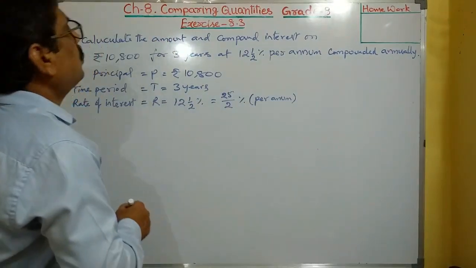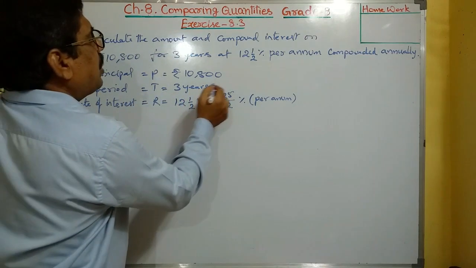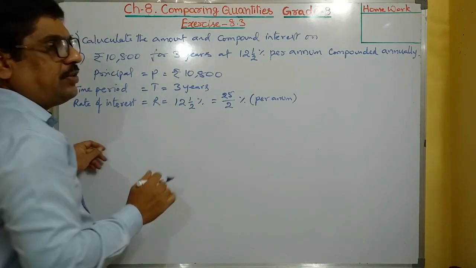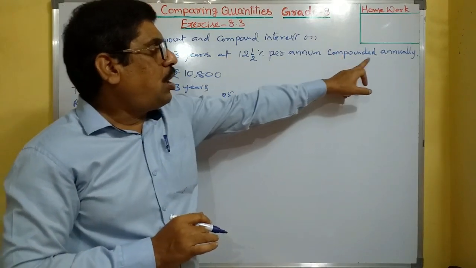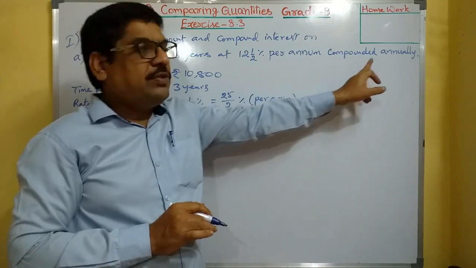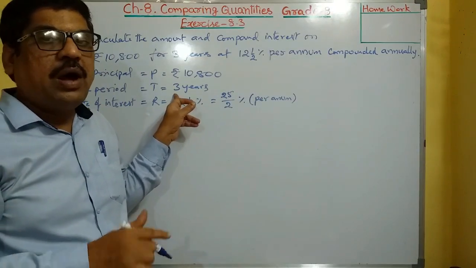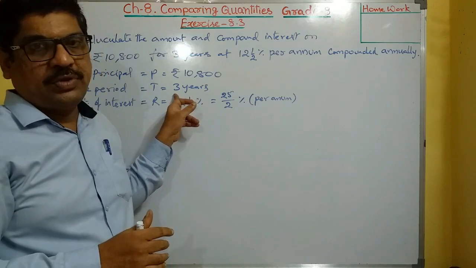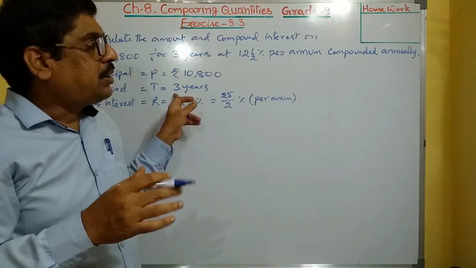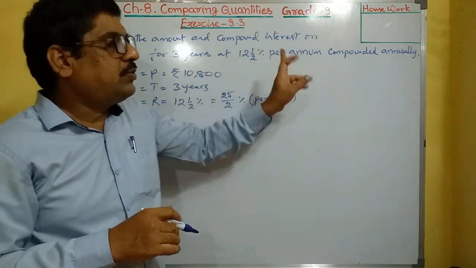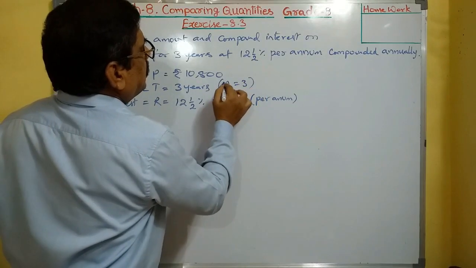So here in the place of T we can write n also. Why? Because n is called the number of instalments. Here the amount is compounded annually, meaning every year. So here we have 3 years, so it is compounded 3 times. So the number of instalments is 3, so we can write n is equal to 3.